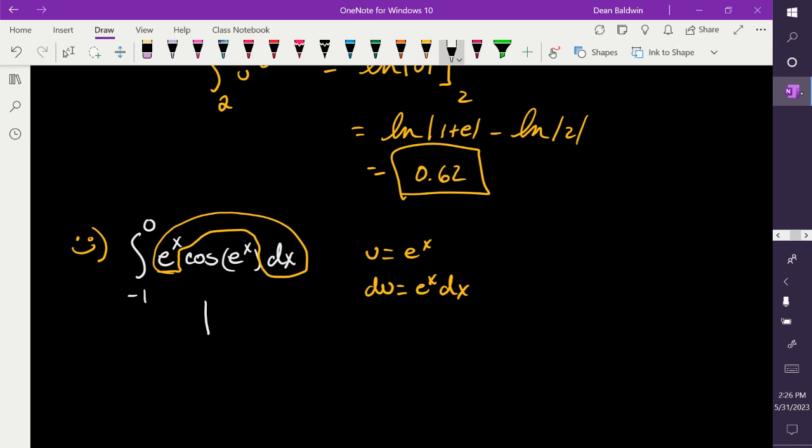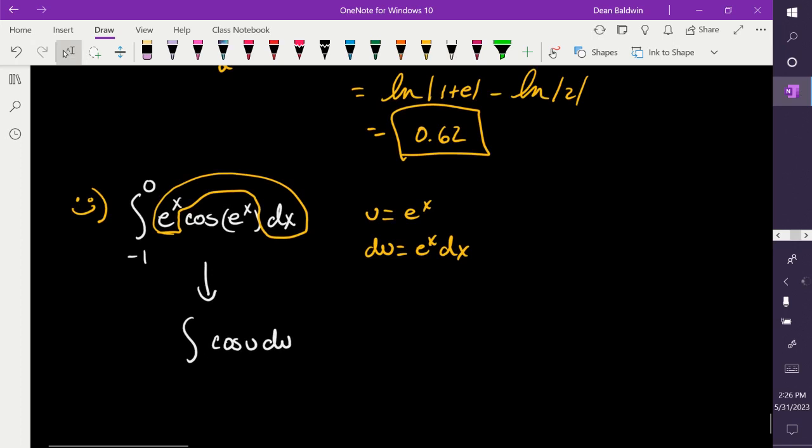Yeah, so we'll change the bounds. I'm going to write the integral first. So I'm going to get the integral of cos u du. But we got to do the bounds. So when x equals 0, what does u equal? 1.